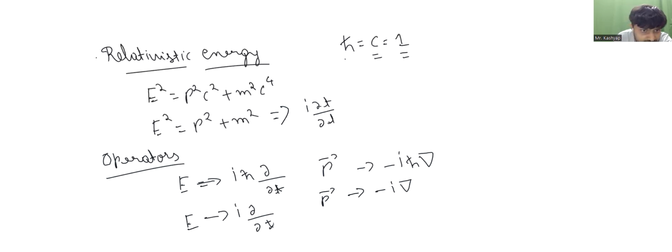and i dou by dou t the whole square, right? Which will be equal to minus i del squared plus m squared, right?